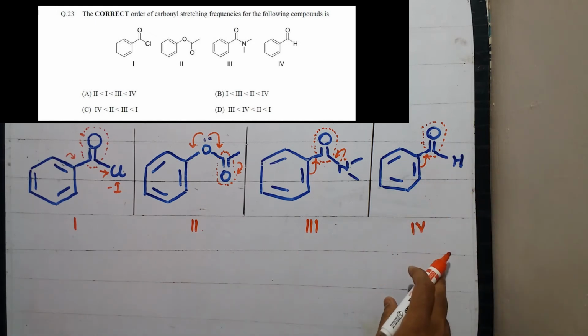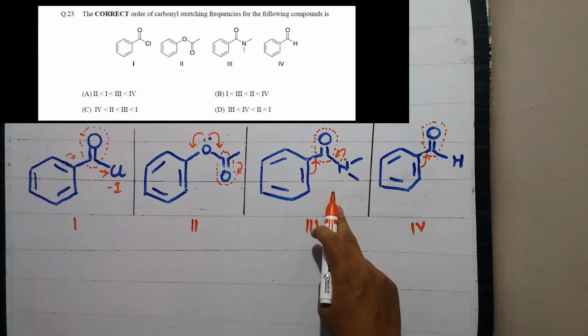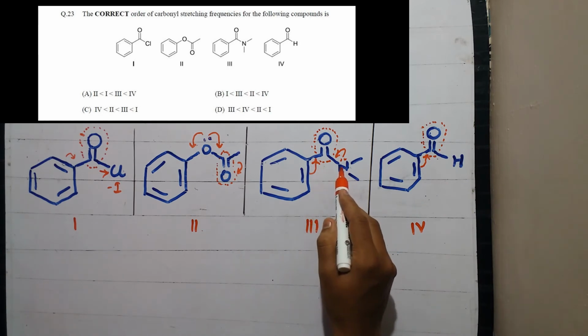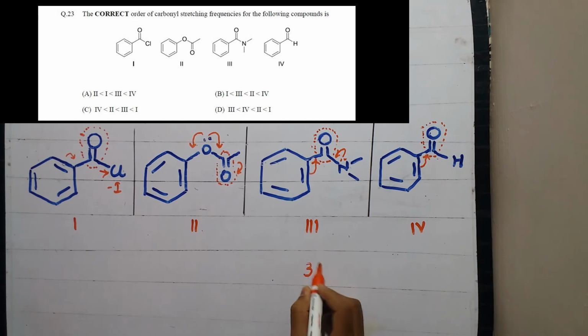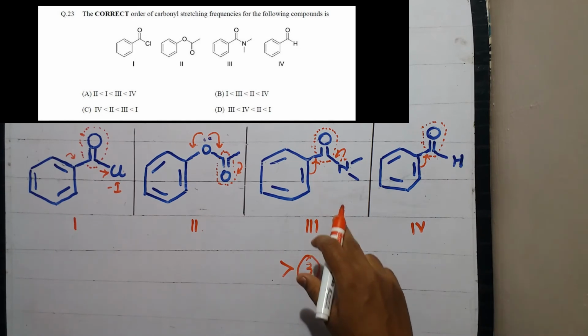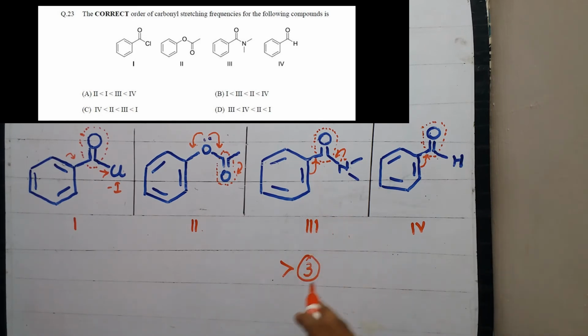In all these molecules, the third option has 2 possibilities of lowering the CO bond order, hence the third would be least. For the third molecule, the nu CO or carbonyl stretching would be least.